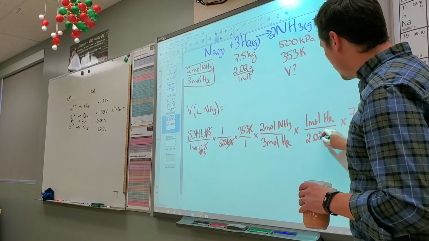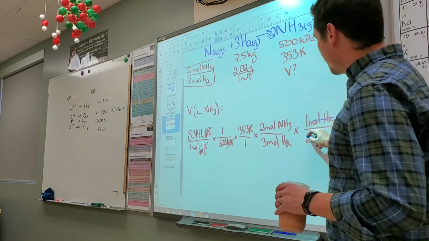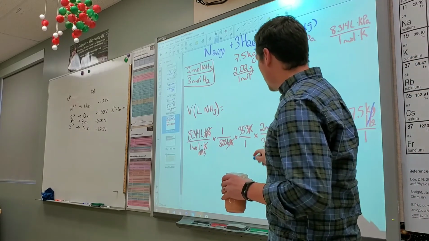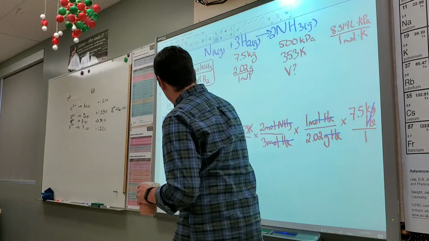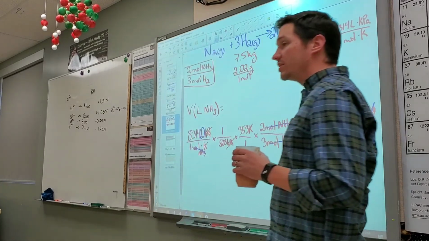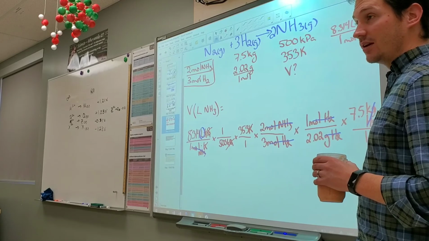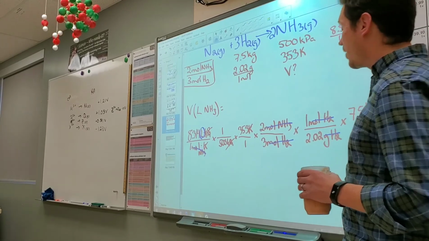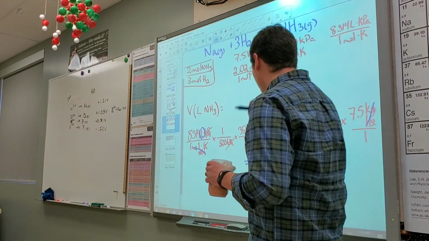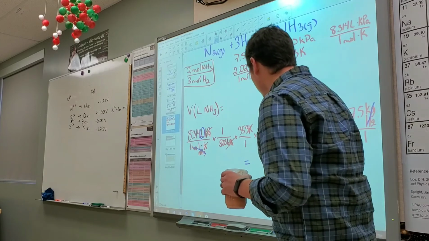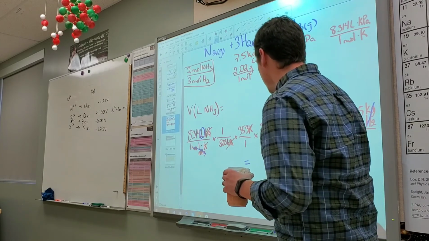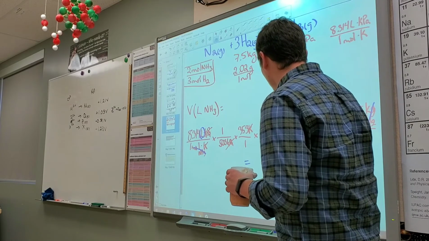Grams of H2, moles of H2, moles of NH3, and we're left with what? What units are we left with? Kiloliters. Every kiloliter is 1,000 liters. So we should get an answer measured in kiloliters of ammonia.